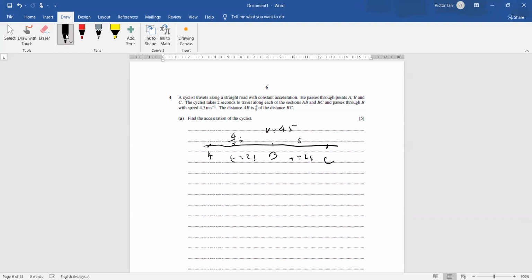So you have S, you have T, you have V. So what are the formulas that you have? S equals UT plus half AT square, V square equals U square plus 2AS, V equals U plus AT.